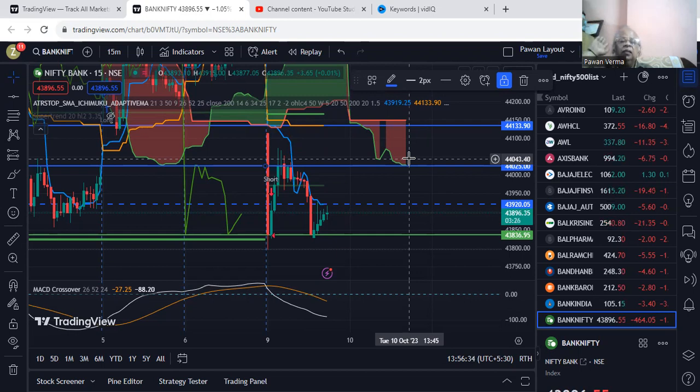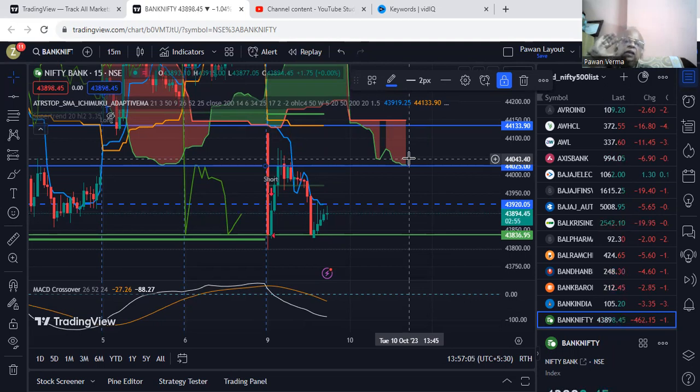These are the targets of Bank Nifty. So I am expecting this target because the initial trigger has not been taken away and not even tested. It has tested only one time, after making this low. So let's see what happens.